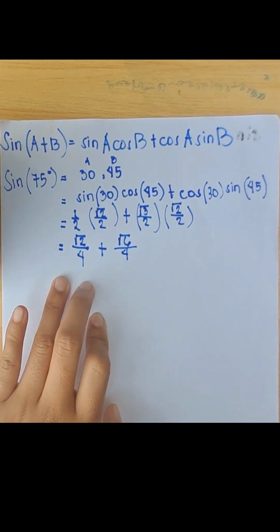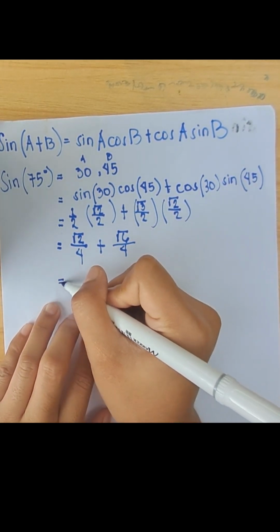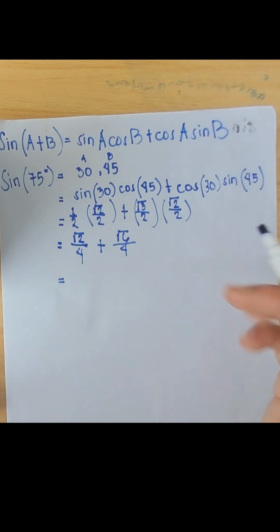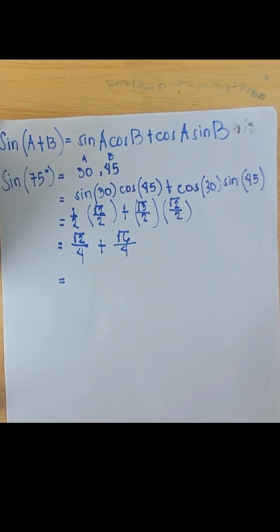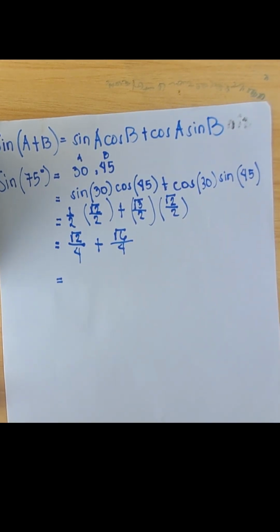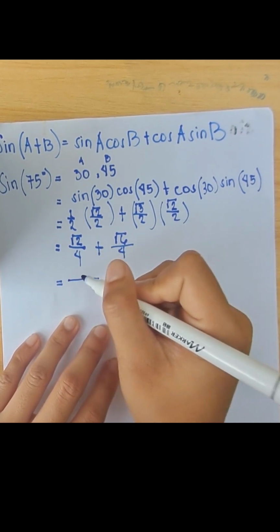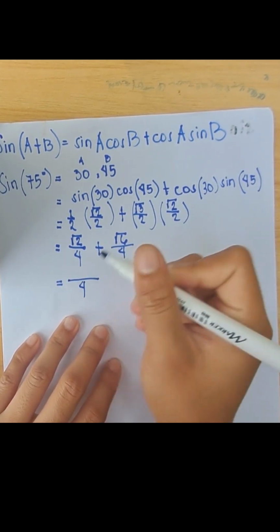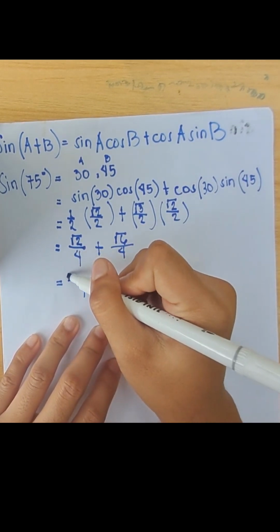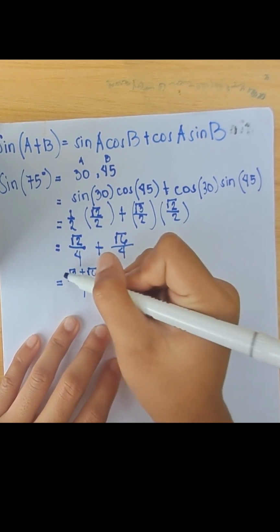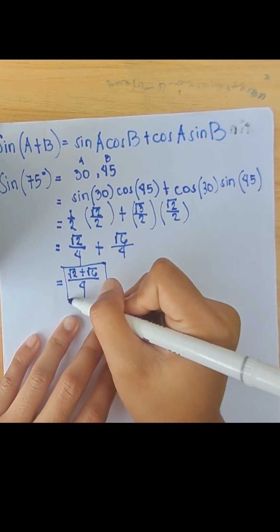The last step is to simplify the two factors. Since we have the same denominator, we just copy that, 4. So square root of 2 plus square root of 6. So we have our final answer.